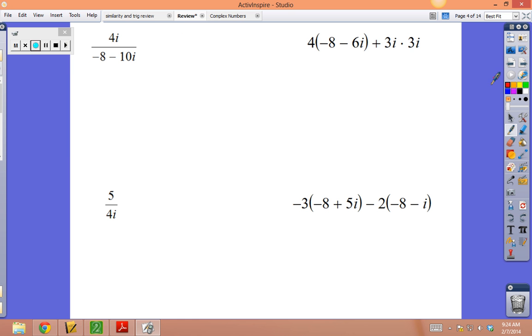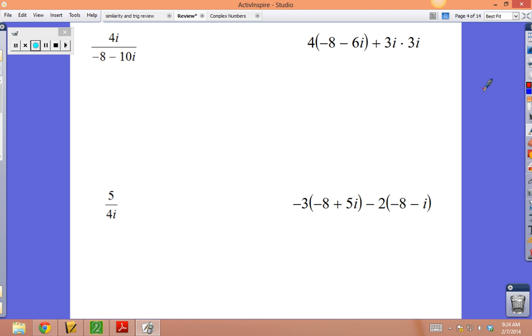Okay, imaginaries: addition, subtraction, multiplication, division. Let's start with this one first. So I need to multiply both these by 4. Distribute. 4 times negative 8 is negative 32. 4 times a negative 6i is a negative 24i. And then 3i times 3i is 9i squared.